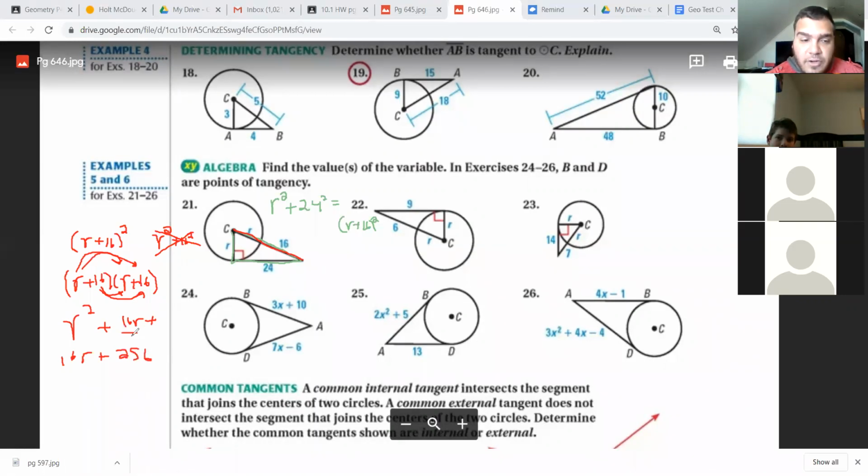I'm combining like terms, which are only 16R and 16R. So my final piece here is R squared plus 32R plus 256.